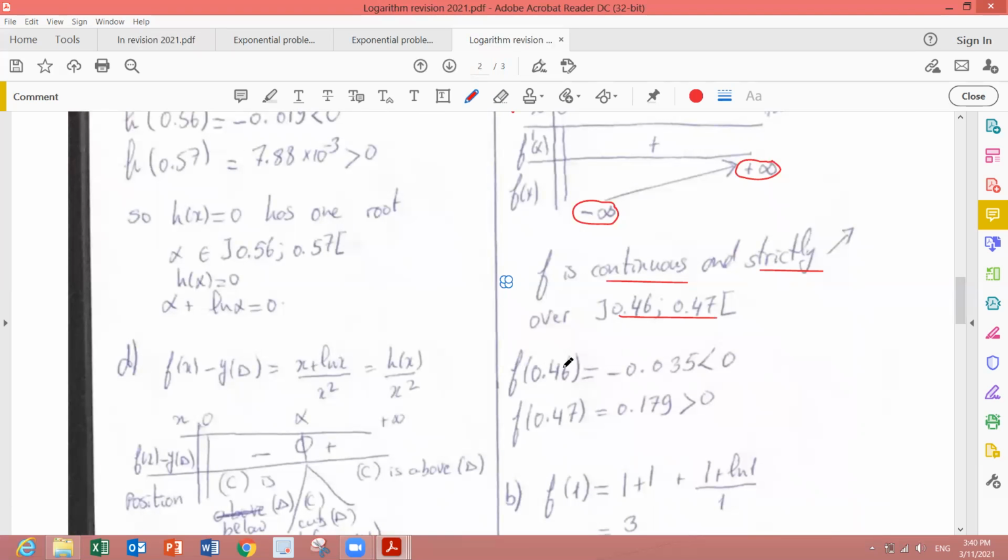F of 0.46 is negative, minus 0.035. F of 0.47 is positive. It means that the equation fx equals 0 has one root beta, and beta is between 0.46 and 0.47.